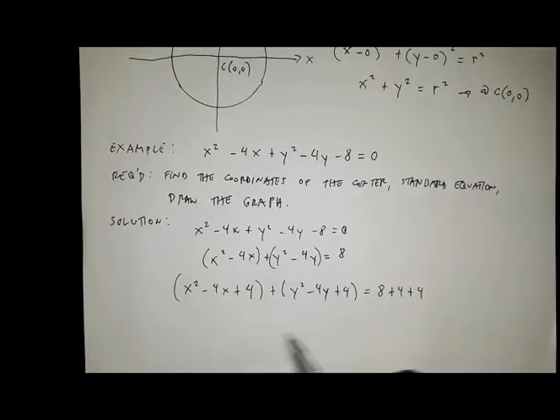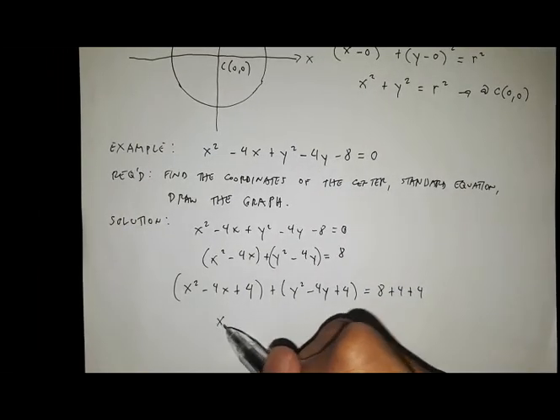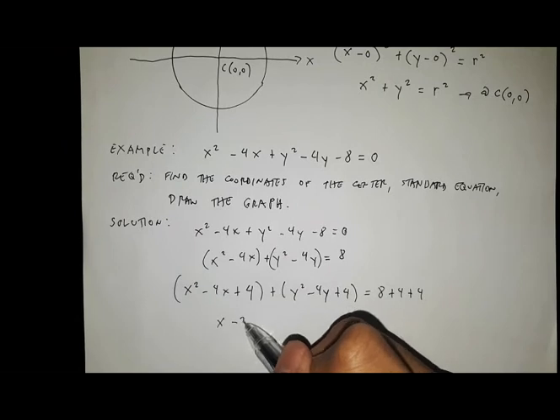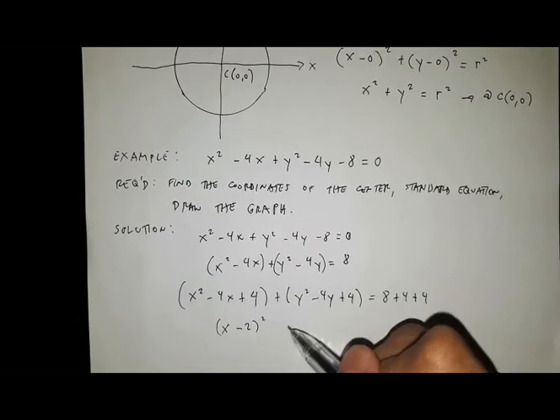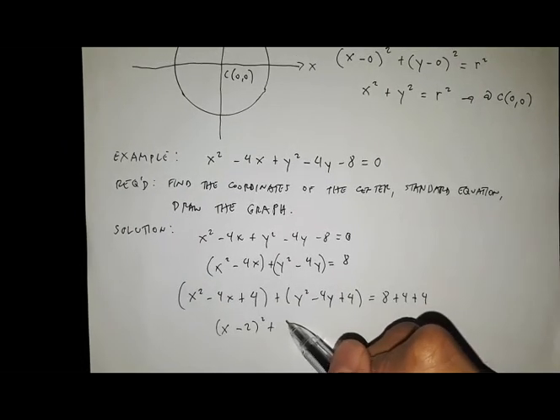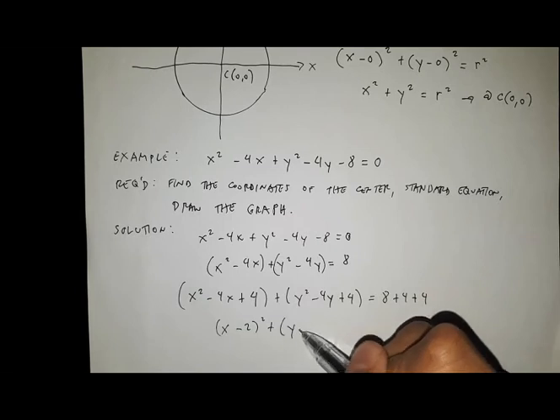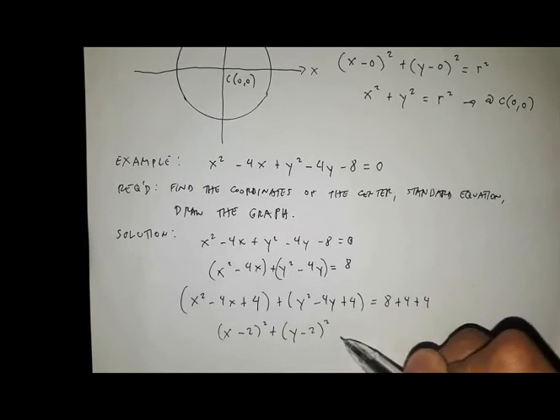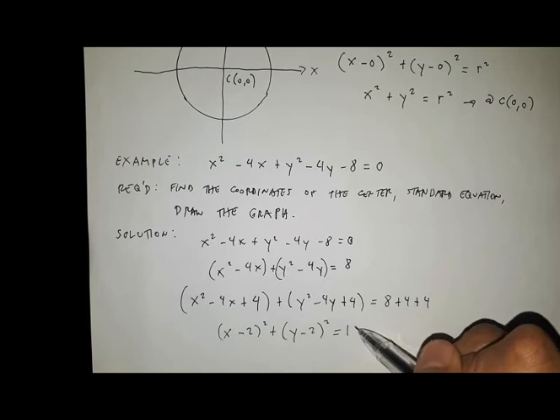So let's simplify. We have x minus 2 squared plus y minus 2 squared equals 16.